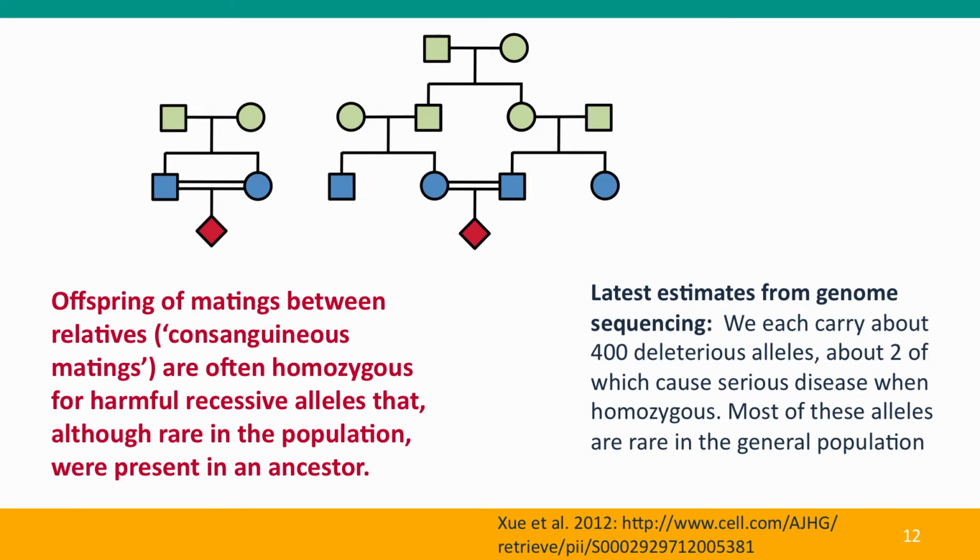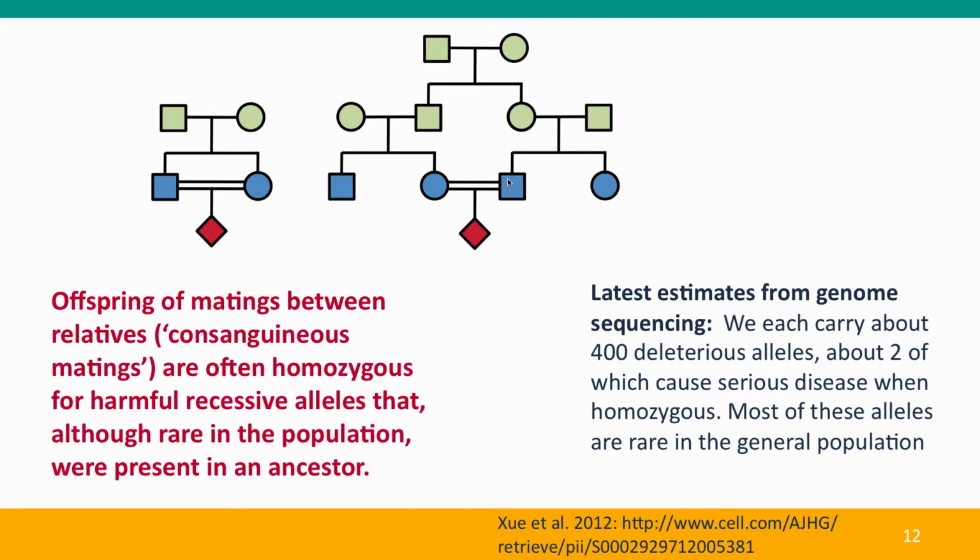Now, the issue that we need to think about, what really matters in this analysis, is that offspring of matings between relatives are often homozygous for alleles that were present in a shared parent. Homozygous for an allele that was present in a shared parent. And most of the time, this is fine.